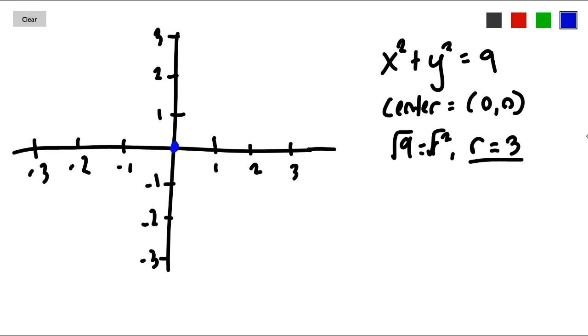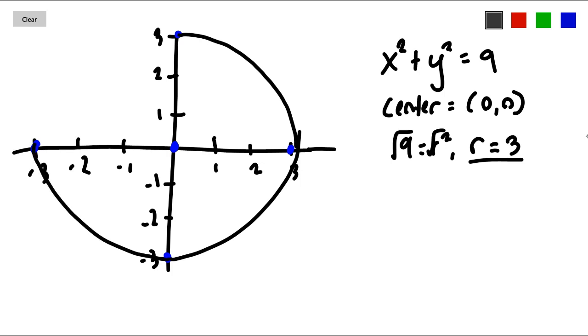Since my radius is 3, the best way to do this is to extend out 3 units in each cardinal direction. So I'm going to go 3 along the positive x-axis, 3 along the positive y-axis, 3 along the negative y-axis, and 3 along the negative x-axis. And then you connect the dots, and then you get a circle.